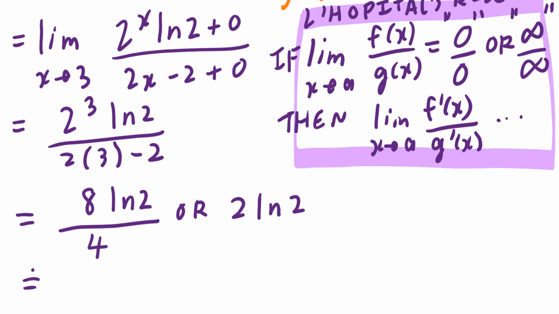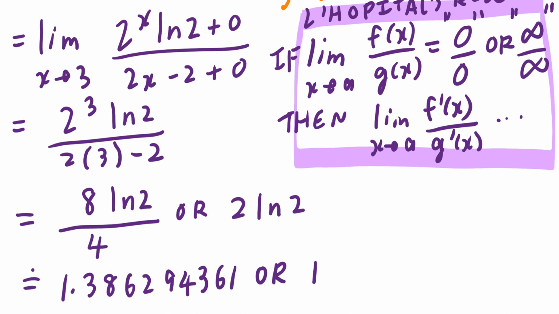Again, if you take your calculator, turn it on, press clear, 2 times ln of 2, it's going to be approximately 1.386294361, or approximately 1.4.